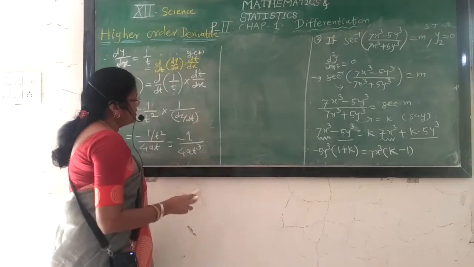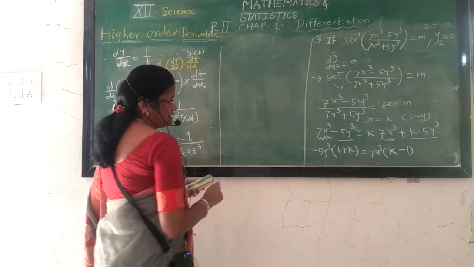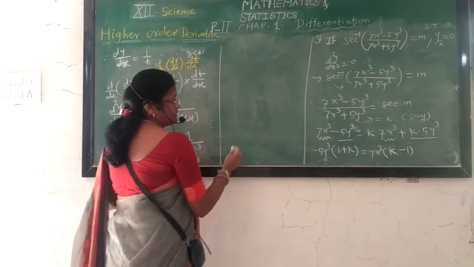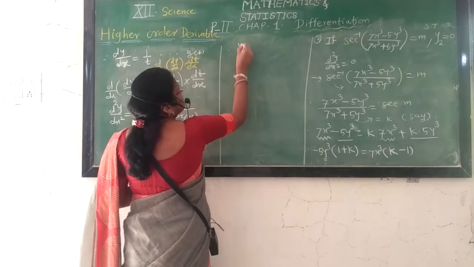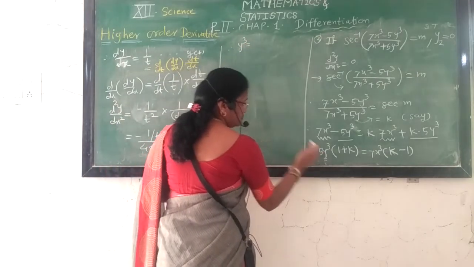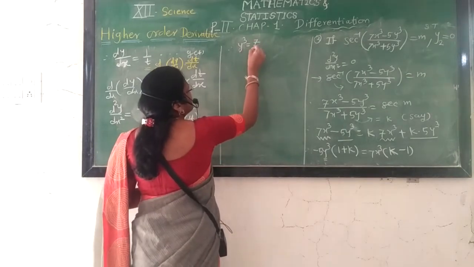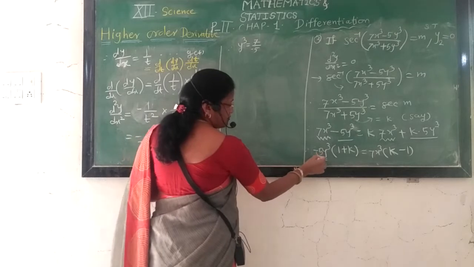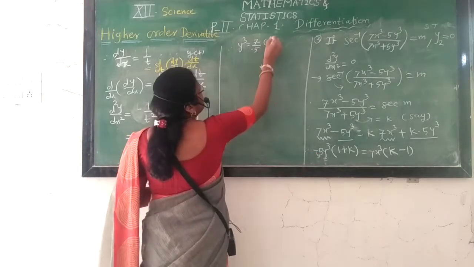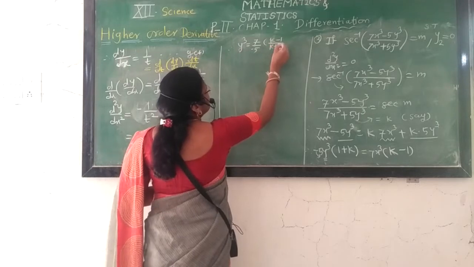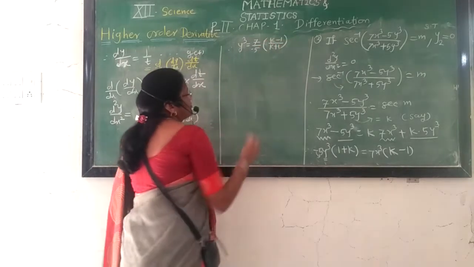Now how do you simplify this? For this case, try to make the y term free of coefficients. So we take y cube equal to 7 by minus 5 into (k minus 1) upon (1 plus k), or you may write k plus 1.